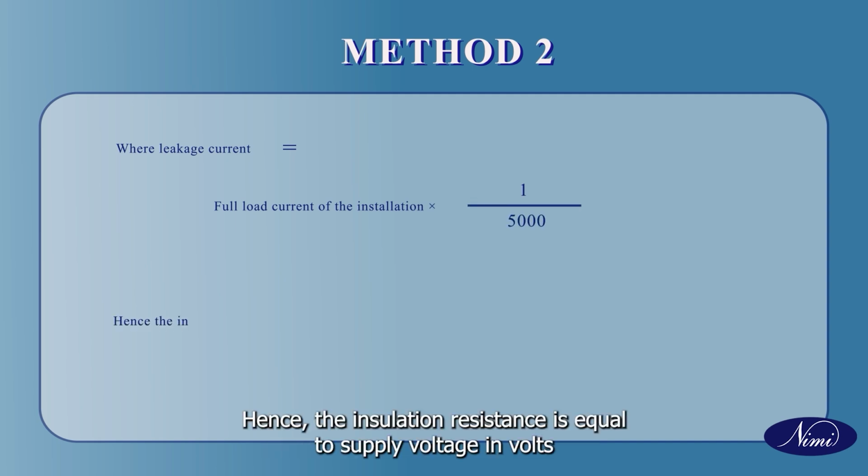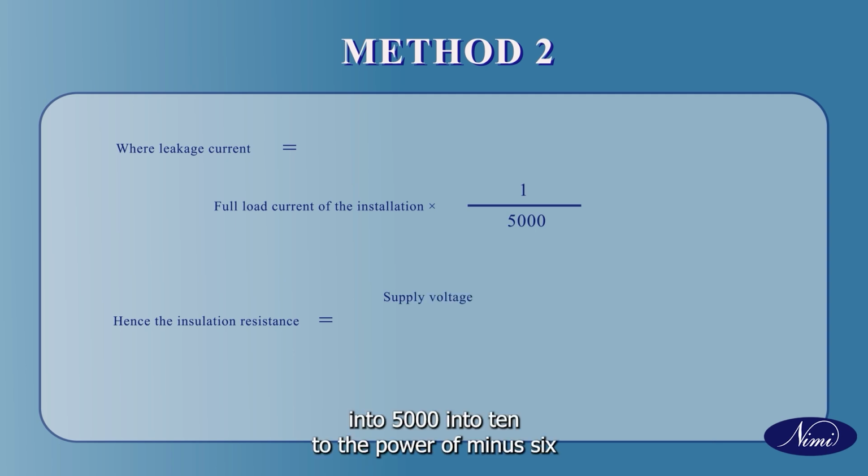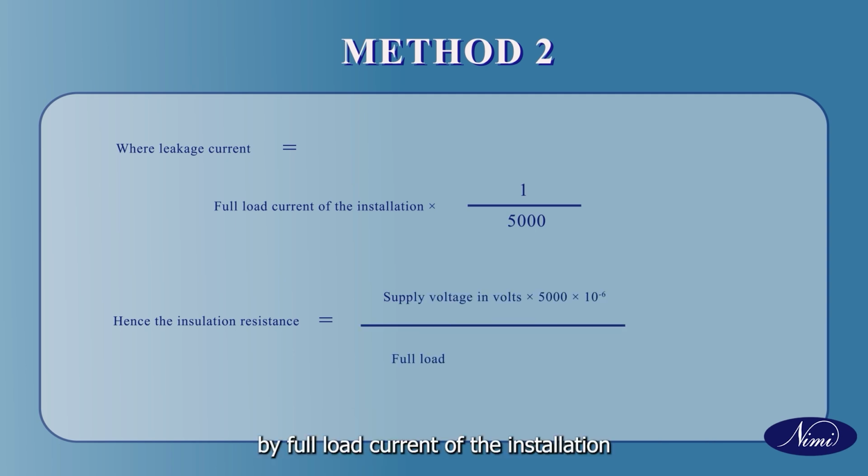Hence, the insulation resistance is equal to supply voltage in volts into 5000 into 10 to the power of minus 6 by full load current of the installation, and its unit is megaohms.